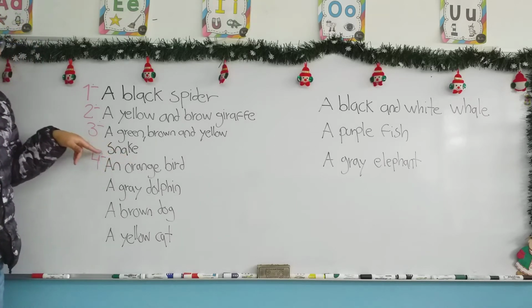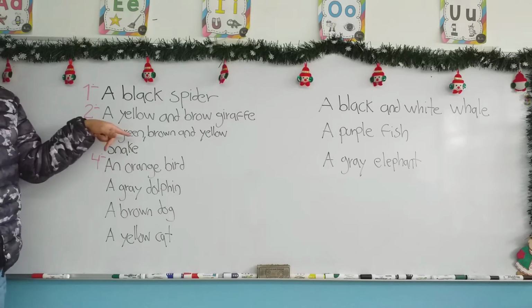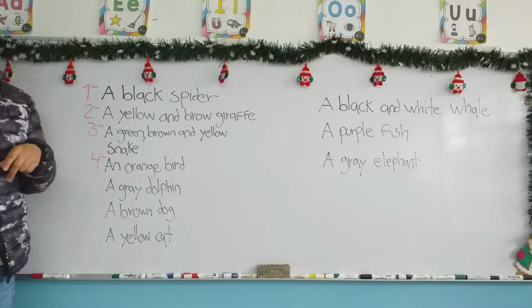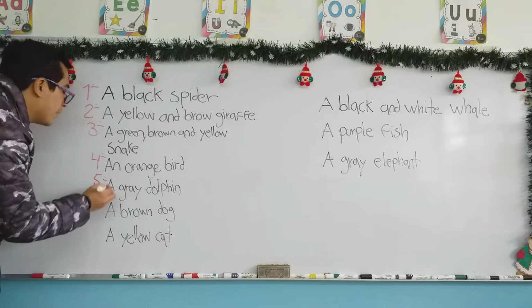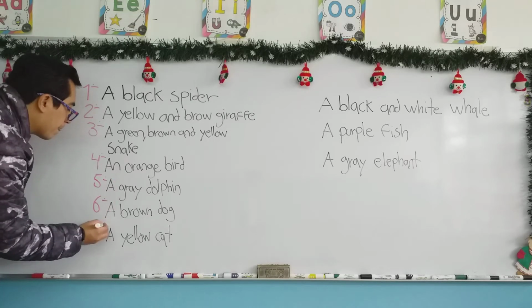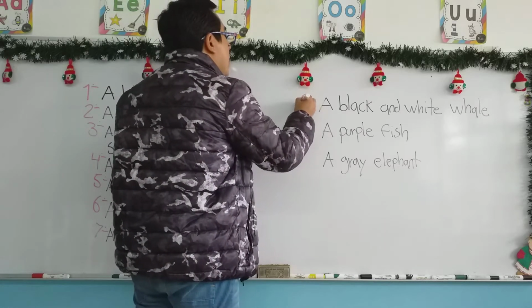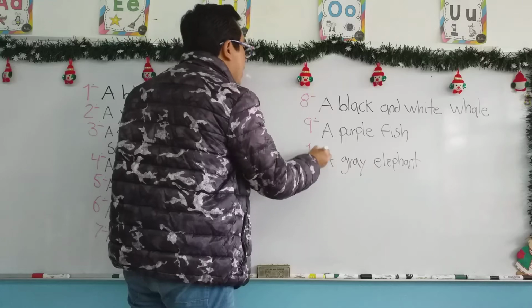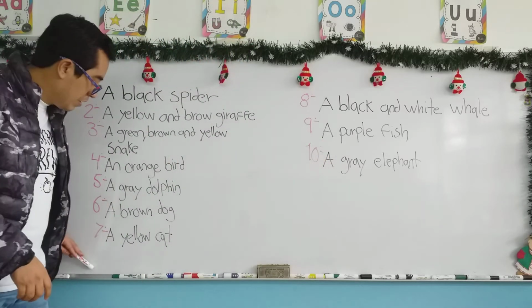Esta palabra snake sigue perteneciendo a la tercera oración. Por lo tanto, recuerden, abajo continuamos con number 4. 4, 5, 6, 7, 8, 9, 10. So, we have 10 sentences in total.